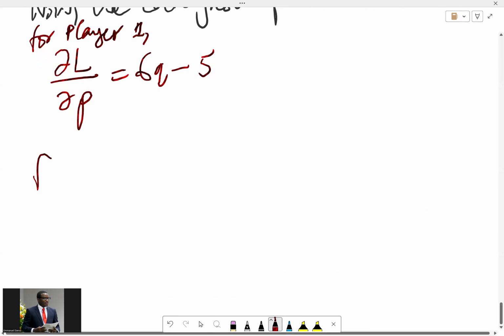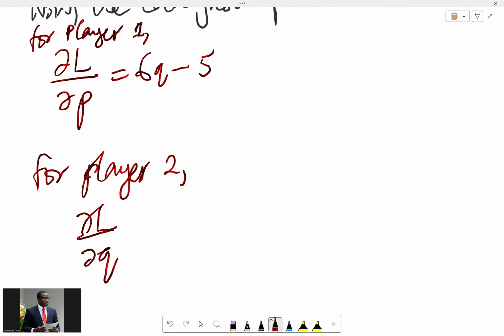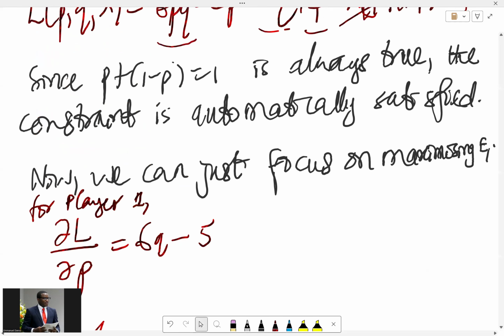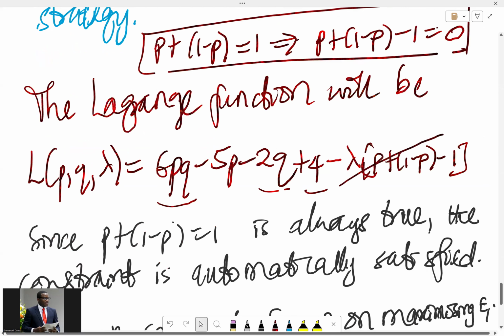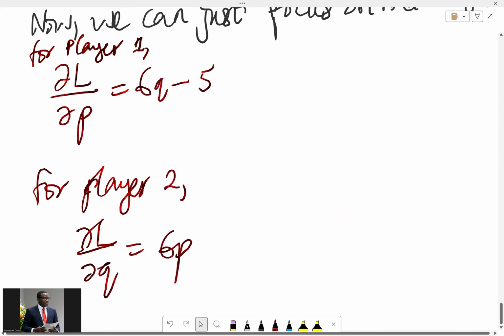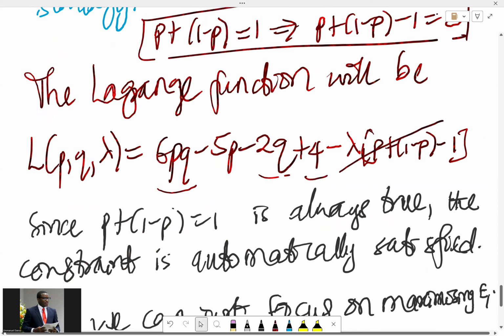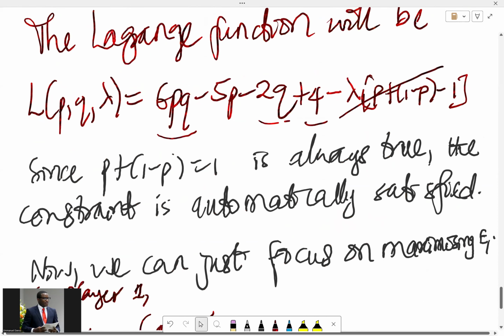Then for player 2, we have partial L, partial Q. We differentiate with respect to Q. 6PQ with respect to Q gives us 6P. Then 5P with respect to Q is 0. Minus 2Q with respect to Q is minus 2.